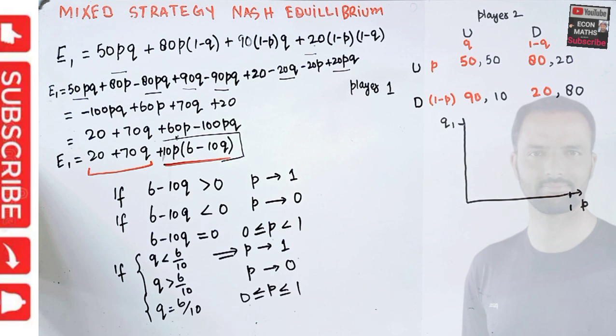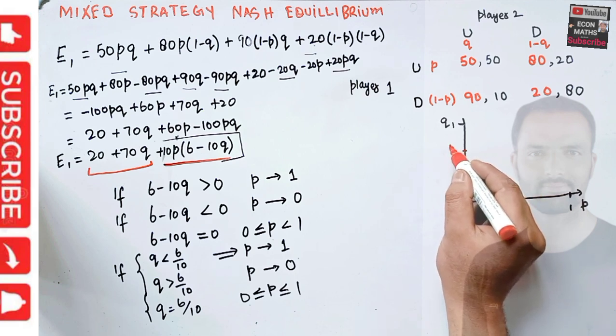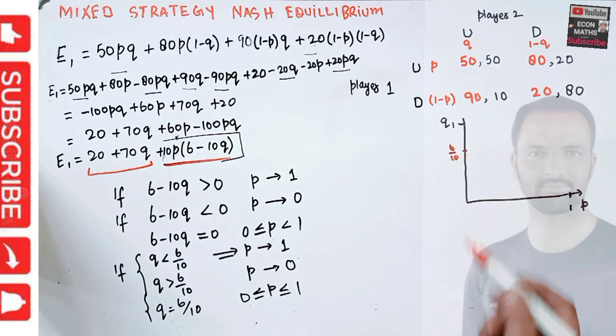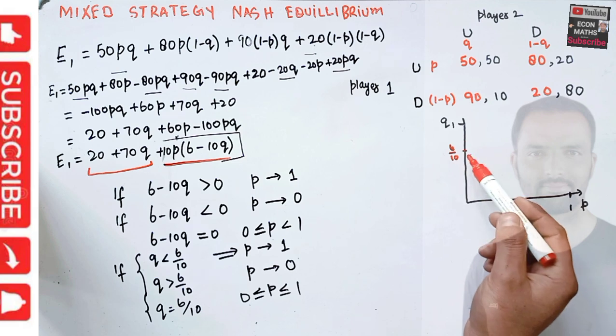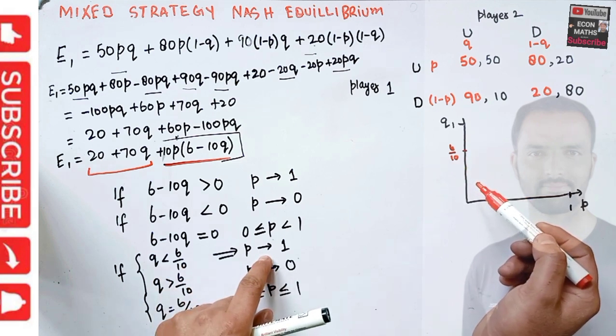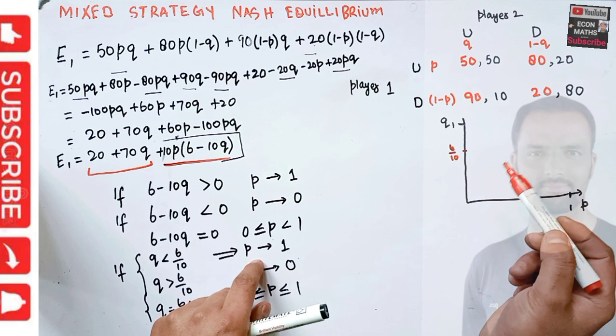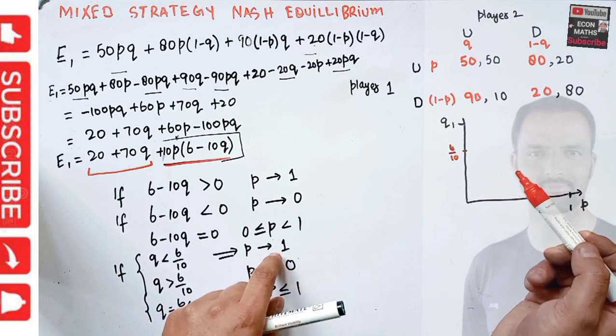We have seen here, whenever Q is less than 6 by 10, let us say this is 6 by 10, player 1 will choose strategy P with probability 1.